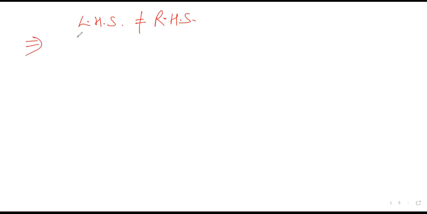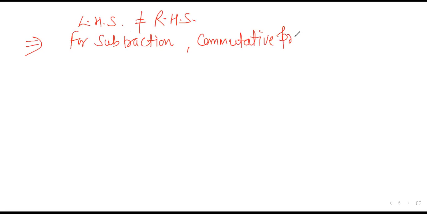So this implies that for subtraction, the commutative property doesn't follow or doesn't work. Similarly, for division, you can do it yourself.